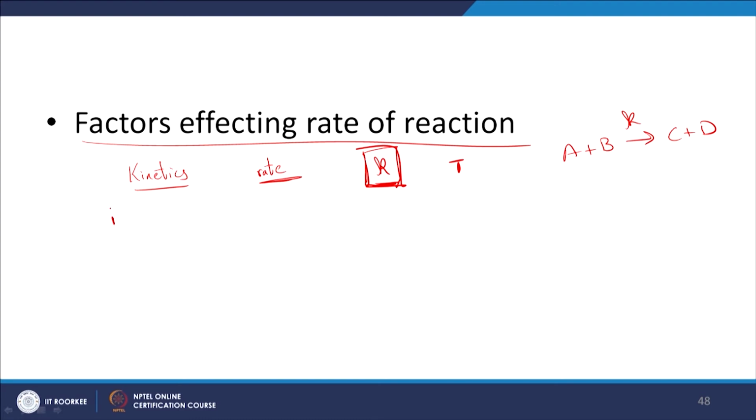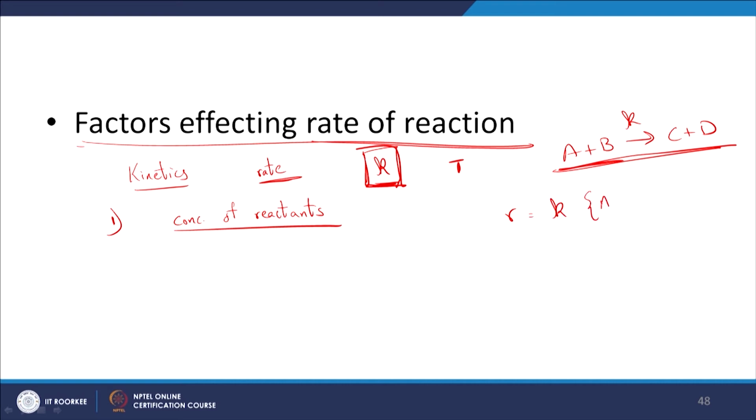The major aspect upon which the rate of the reaction depends is the concentration of reactants, and this is remarkably important. Why is that? For this reaction, A and B going to C and D, the rate is R equal to K into the activity or concentration of A into the activity of B. In this reaction we have no variables that look at the concentration of the products.